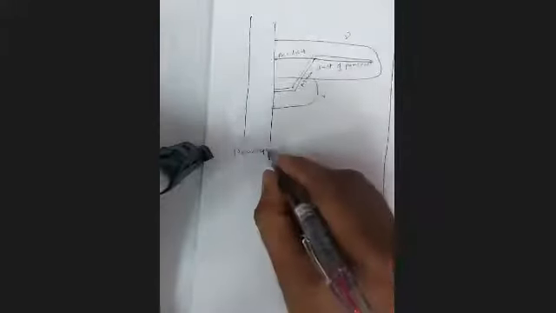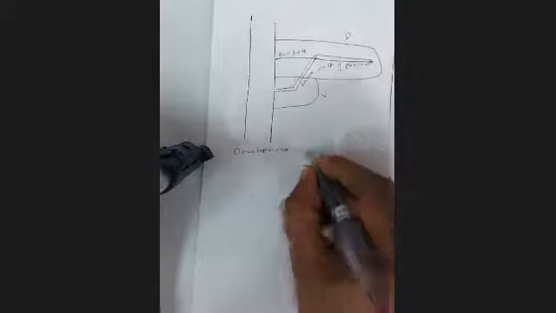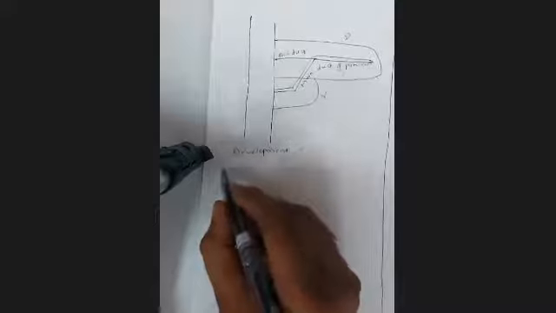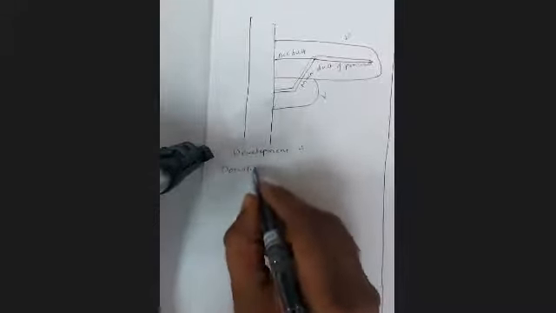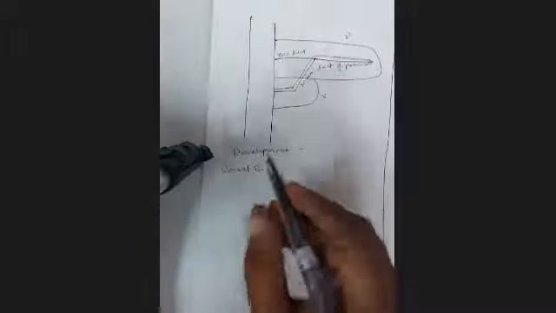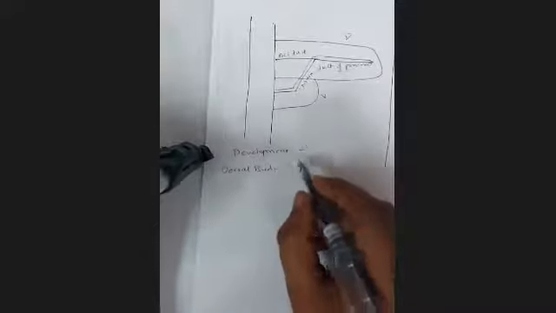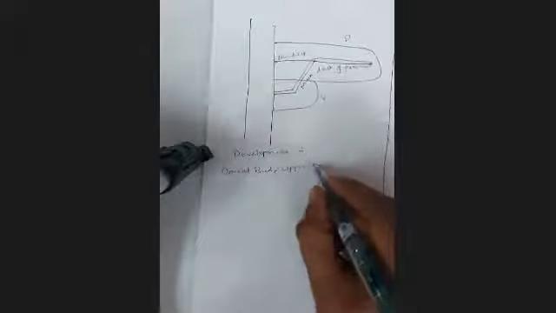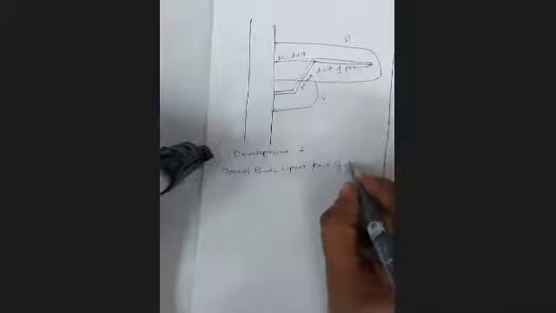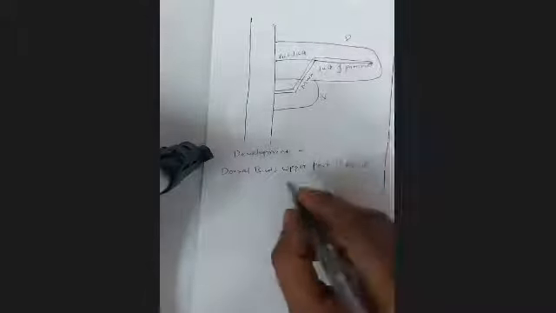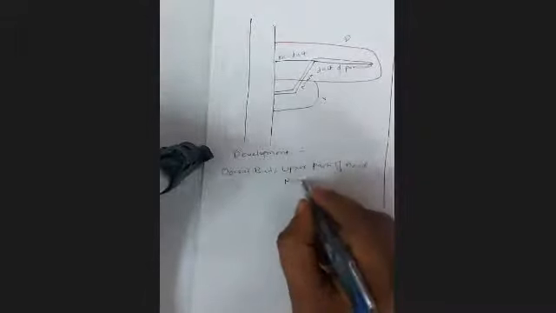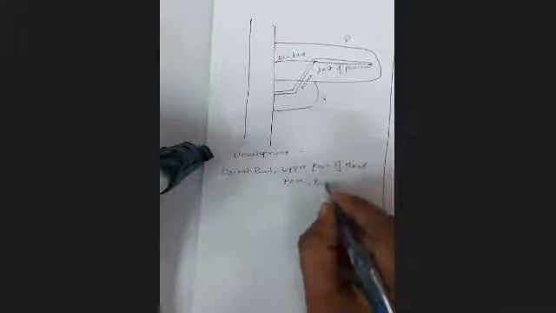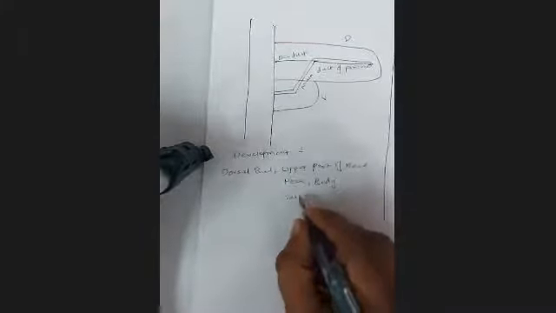the final thing which you have to write is the parts developing from the dorsal bud. So what are the parts developing from the dorsal bud? From the dorsal bud develops the upper part of head, then the neck, then the body and tail.